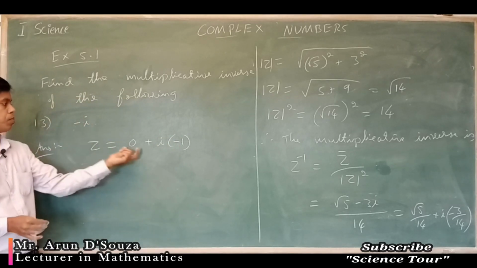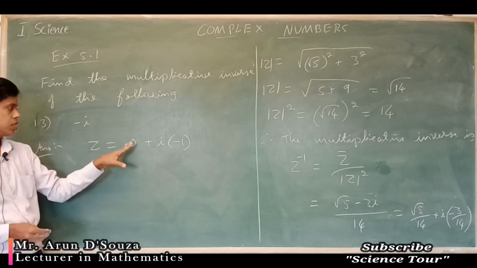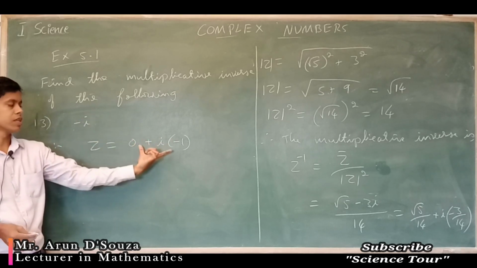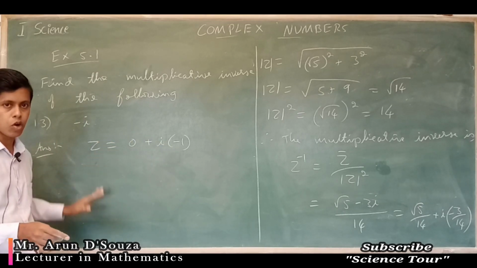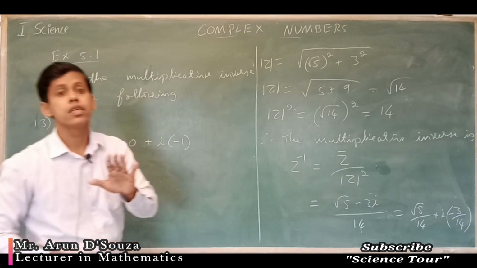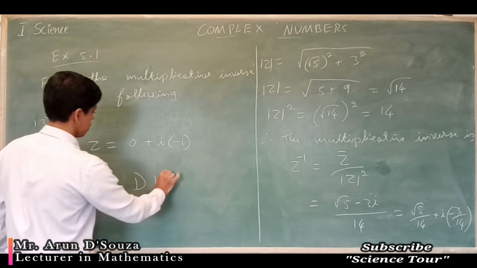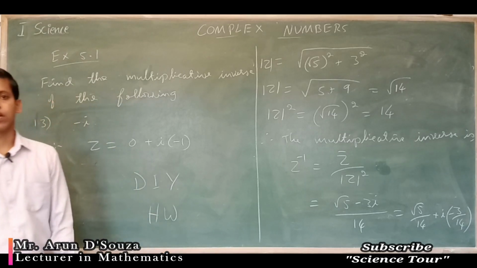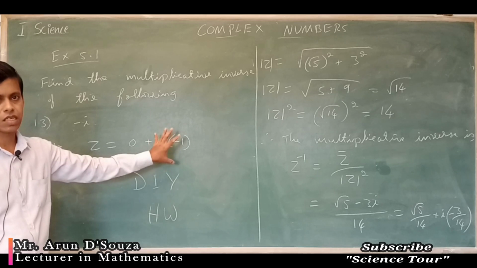So a plus ib. When you simplify this, minus 1 into i becomes minus i. Now I hope you can continue: find Z bar, modulus of Z square, use this formula and find the multiplicative inverse by yourself. That's the homework problem. Please solve it by yourself. That's a very simple problem, the easiest problem.